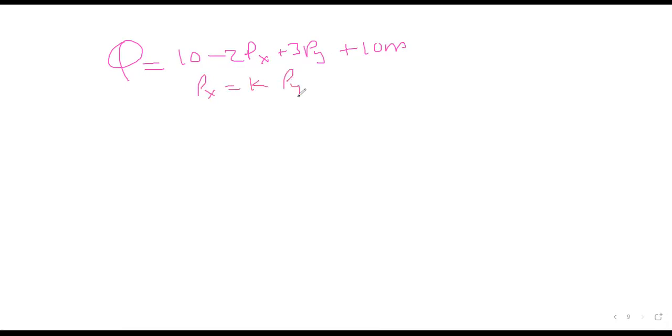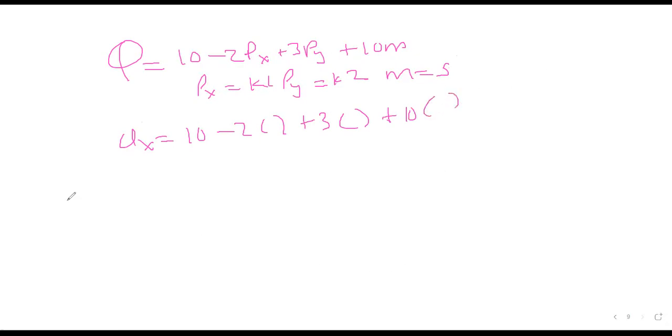The price of Y is 2 kwacha. And the income is 5 kwacha. Firstly, we find the quantity demanded by substituting those values in the given function. So we have been given 1, 2, and 5.